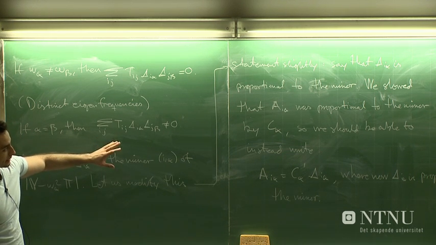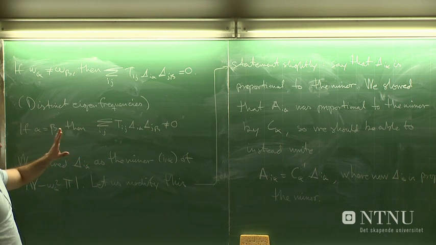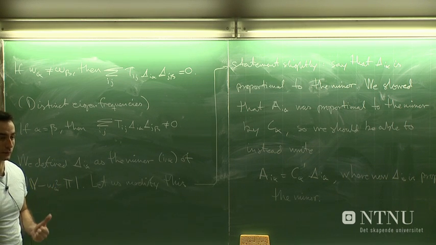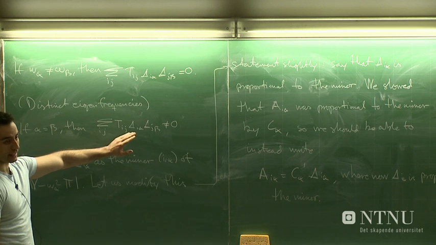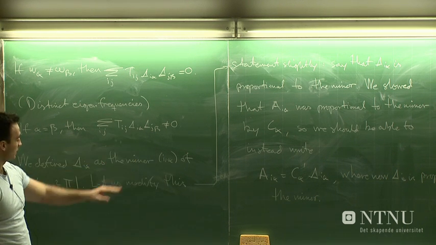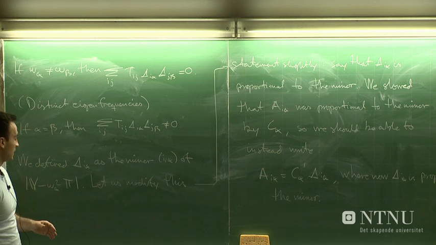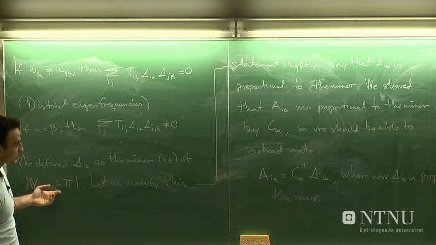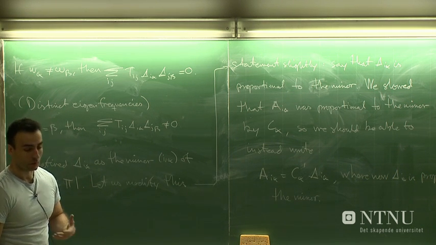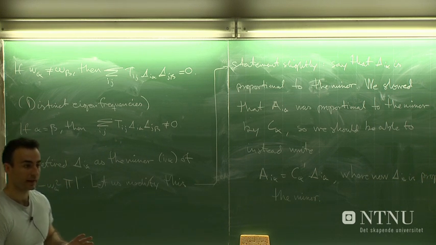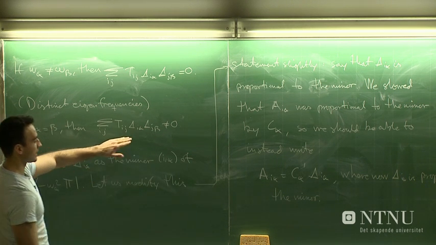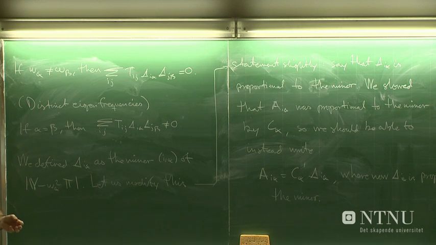That's the whole purpose of this, that by saying that delta I alpha is now proportional to the minor, we now have an extra degree of freedom in choosing the value of delta I alpha, as you say. Was that your point? Yeah. So whereas before delta I alpha had a fixed value, we now have a coefficient of proportionality to play around with, and we can choose this coefficient in any way we like to set this sum to a fixed value.